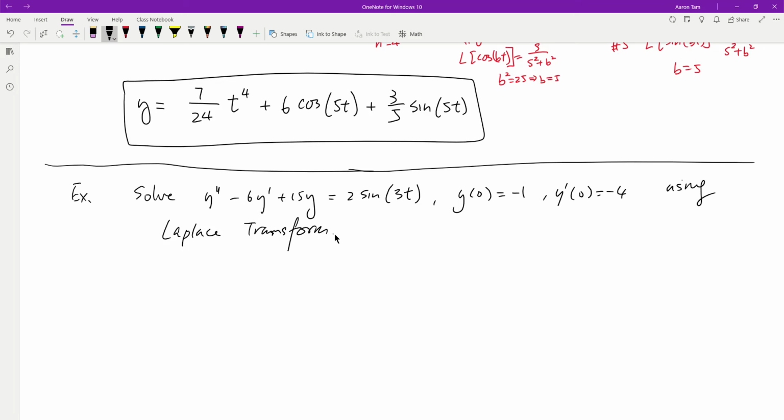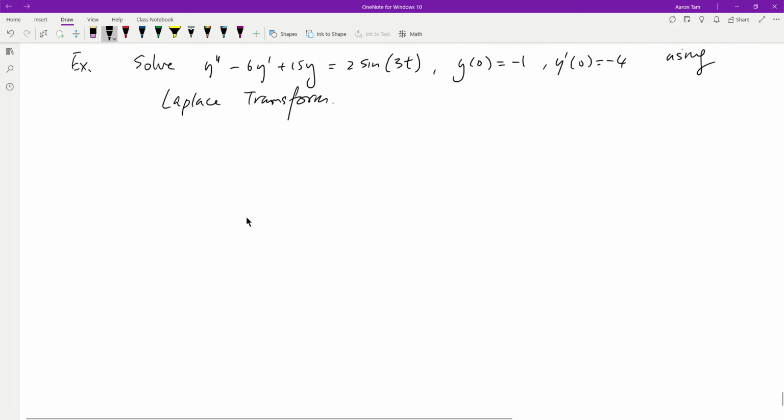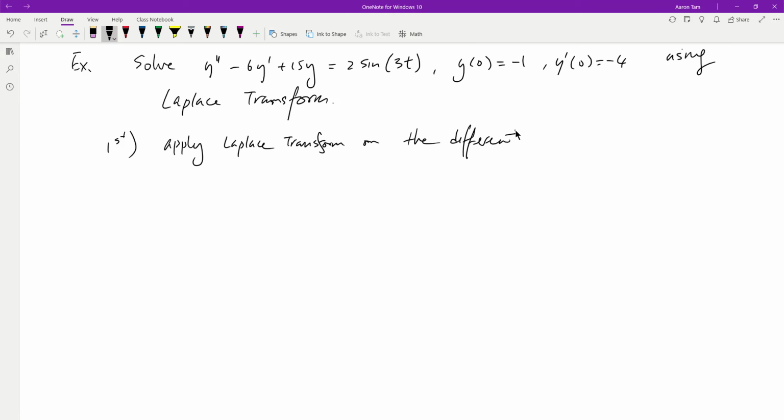So remember that there are basically three parts to this type of problem using Laplace transform. The first step will be to apply Laplace transform on the differential equation and solve for basically Laplace transform of y.